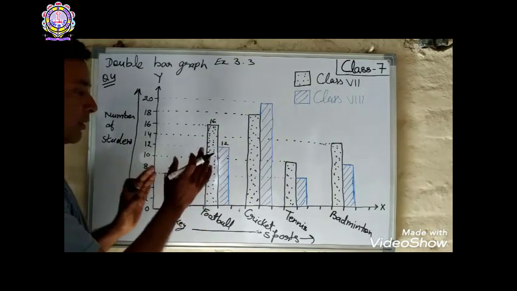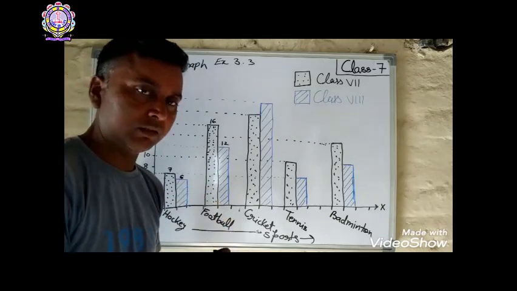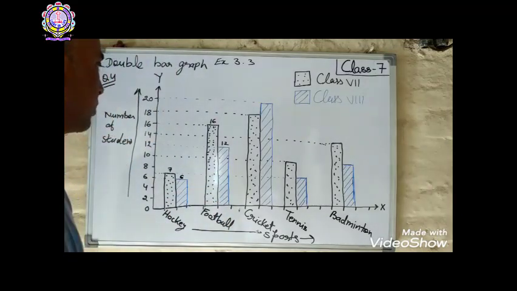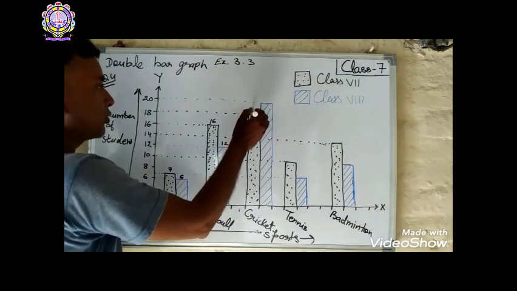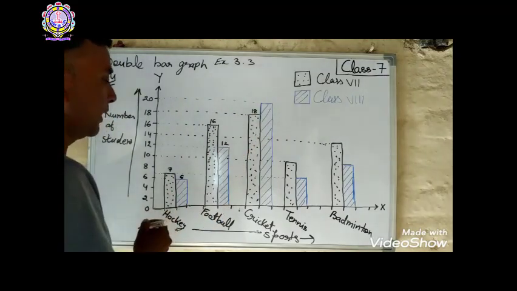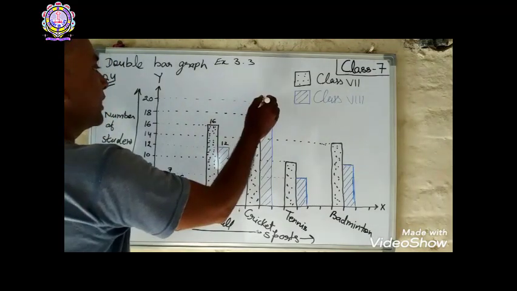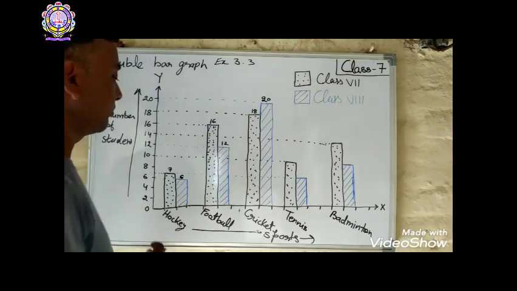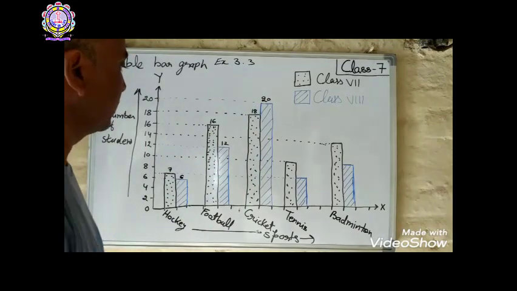When you write like this, it is easy to give the answer to the question. 18 students of 7th class play cricket and 20 students of class 8 play cricket.